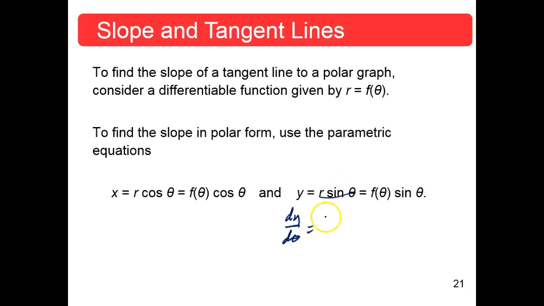Forget this one, go right there. What would that be? It'd be alpha of theta cosine theta. We don't know what alpha of theta is, but alpha of theta cosine theta, that's the first part.